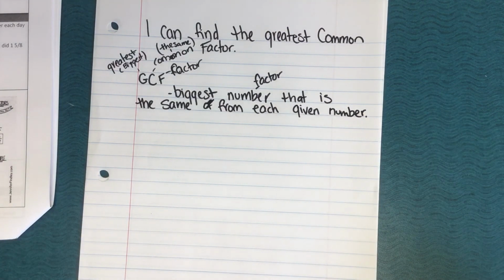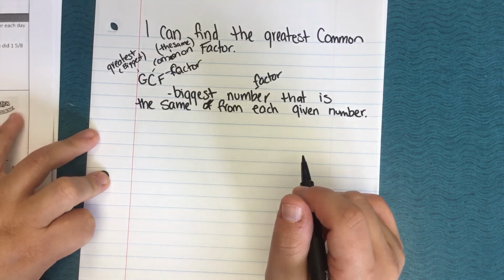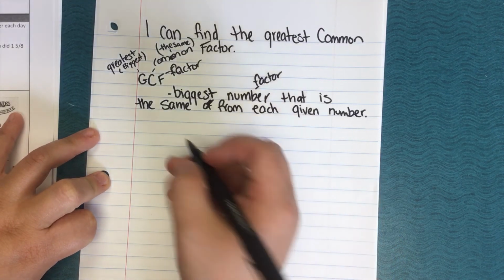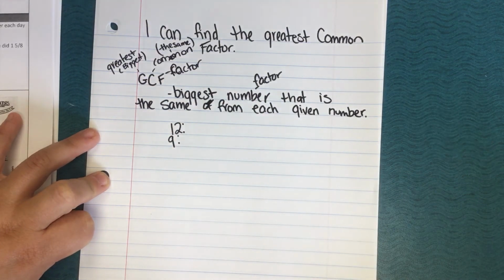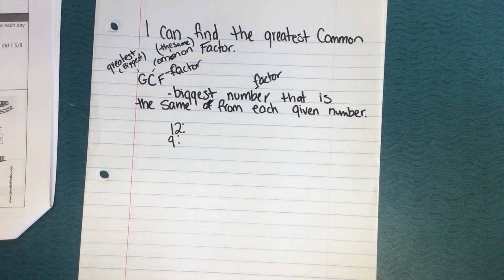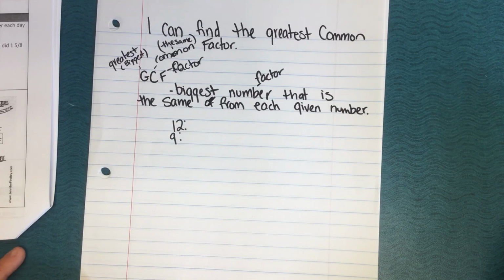All right, so let's practice with 12 and 9. So last time we worked on two different ways of finding factors. You could make a list or write it as multiplication problems. I'm going to write them in a list.